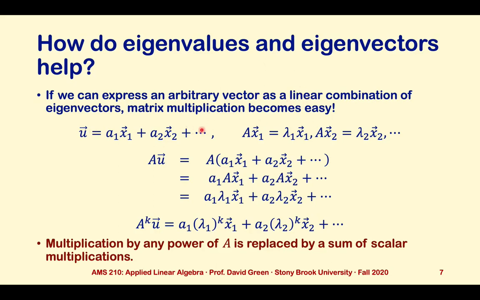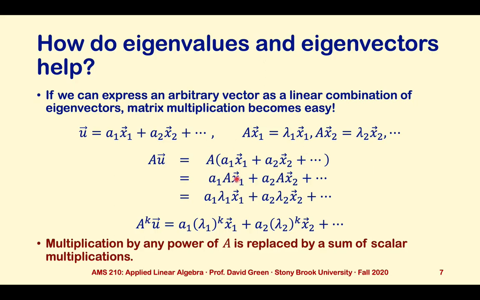If we can do this, then what would A times u be? Well, we can substitute this linear combination for u. A is multiplied by this linear combination. We distribute the multiplication of A into this, and note that a1 and a2 are scalars, and so we can move them to the front. We have a1 times Ax1 plus a2 times Ax2, and so on.